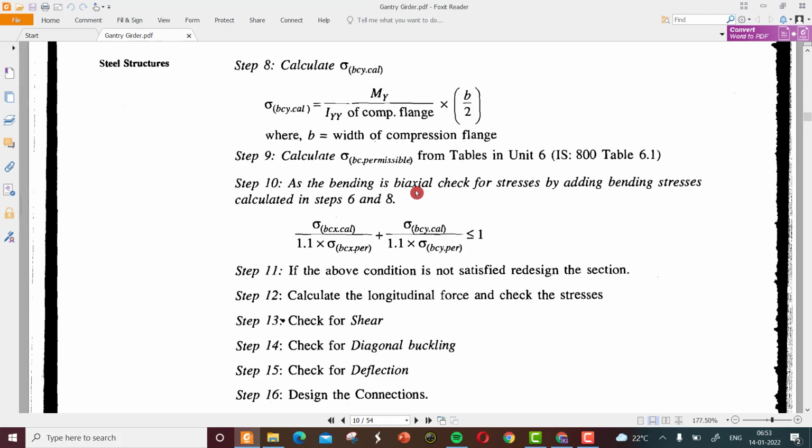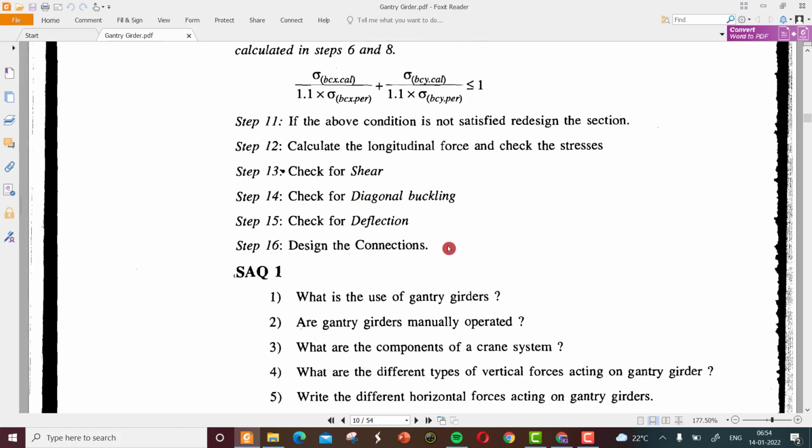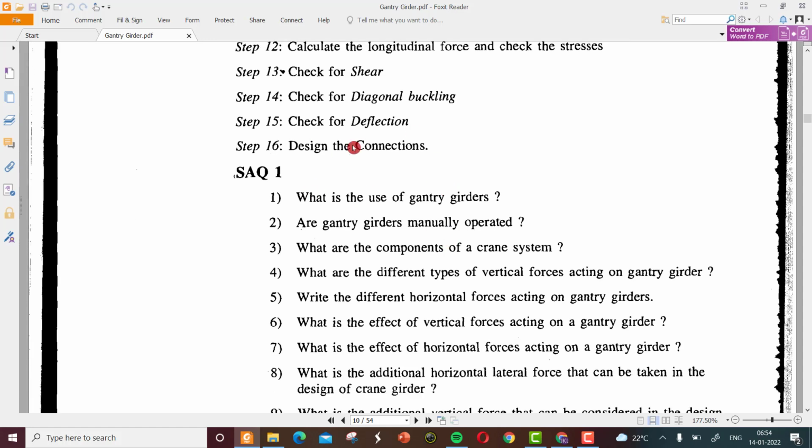Then step 9 is the checks of permissible stresses from the IS 800 tables. Then step 10, there are the checks thereafter. That is the biaxial bending check, longitudinal force check, shear check, diagonal buckling, deflection, connection. So this we'll see while doing the problem.